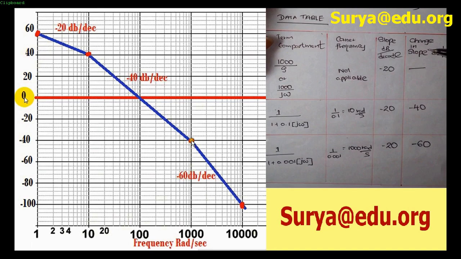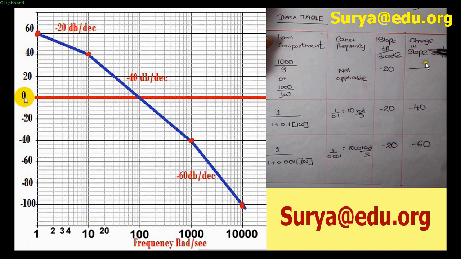That is why omega c1 to omega c2 is minus 40 and omega c2 to omega h is minus 60. And be a bit careful about how this one came to be minus 20 decibels per decade: because this was the initial one. Initially, according to this table, there is no change, so the only existing slope was the initial slope.